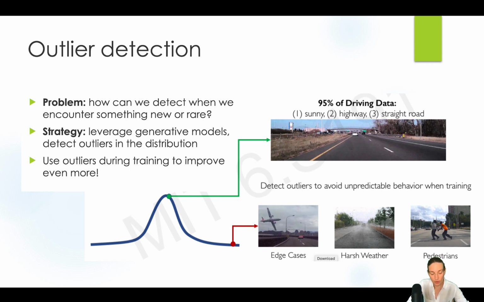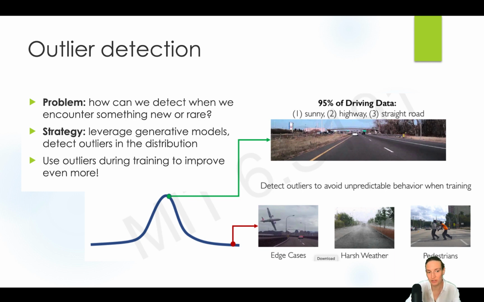Right, so we can also do outlier detection. In this case, we have an automated driving system, so most of the time we have a clear highway, it's sunny, maybe not always here in Singapore. There's a straight road, okay, but there can be outliers. Okay, so in 5% of the cases, maybe there's an airplane passing over very narrowly, there's harsh weather, maybe in more than 5% of the cases here.